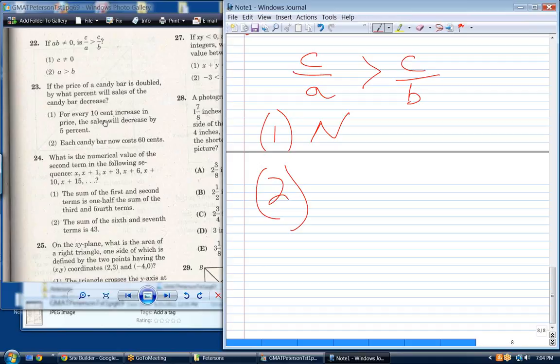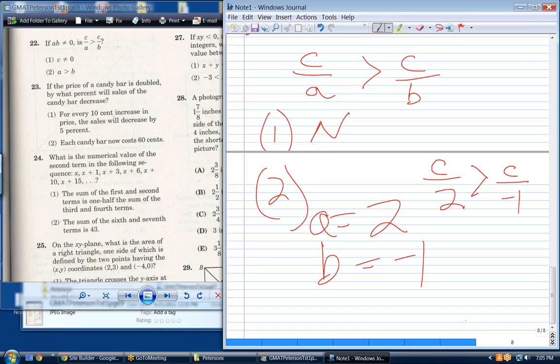What about negative numbers here? If A is positive and B is negative, then that would say you can't solve it. Exactly. Let's try a situation. If I make A 2 and B negative 1, then is C over 2 greater than C over negative 1 for sure?